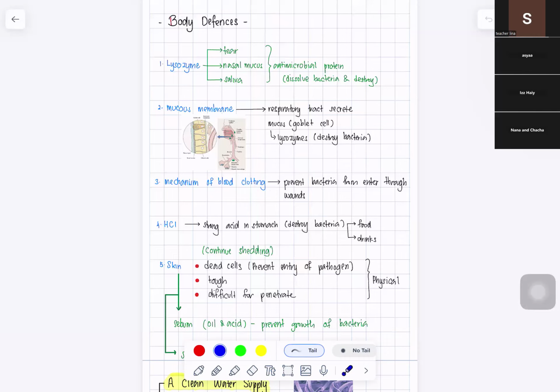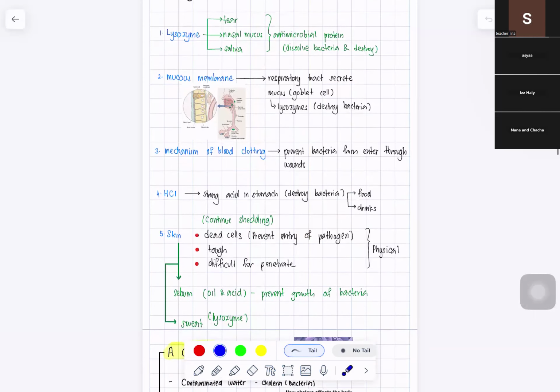Nana, can you explain to me about the body defense for skin? Skin, that one what? It has sebum, which prevents the growth of bacteria, and sweat, which contains lysozyme.